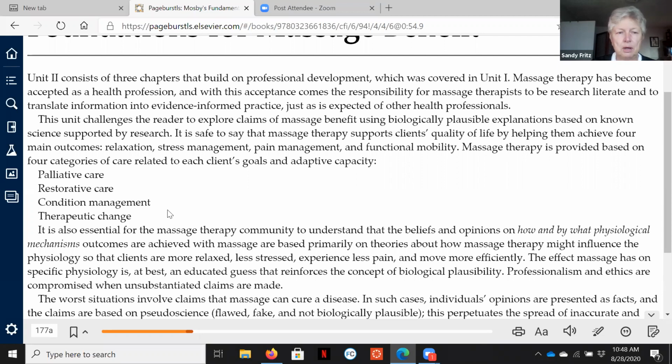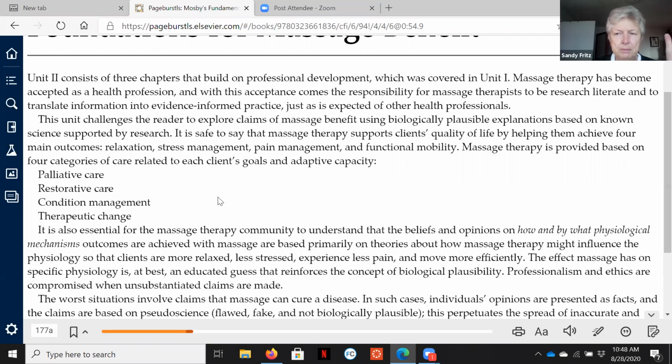And so the information around indications, contraindications, medications, pathology, pharmacology, there's an uptick here in the condition management and the therapeutic change. And both of these, restorative care and condition management, this is where your retention client base lives.